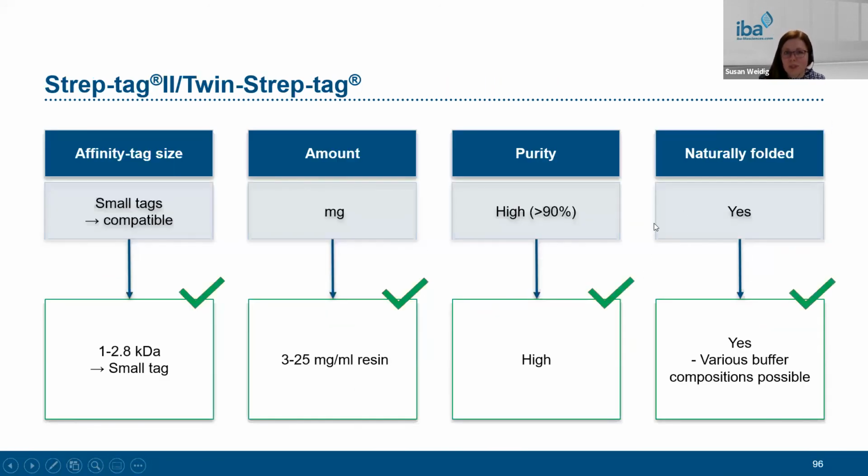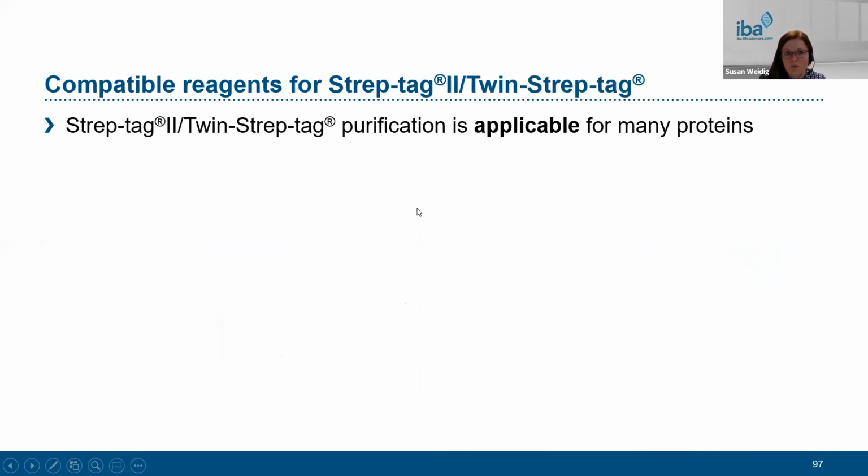The last property or requirement which should be fulfilled for structural analysis is the folding of the protein. And yes, you will have naturally folded protein if you take these tags. And you can use various buffer compositions and adjust the buffer to your target protein.